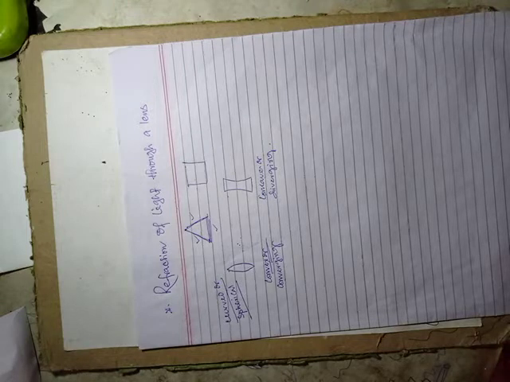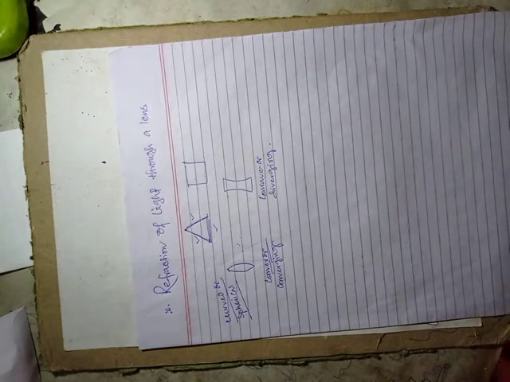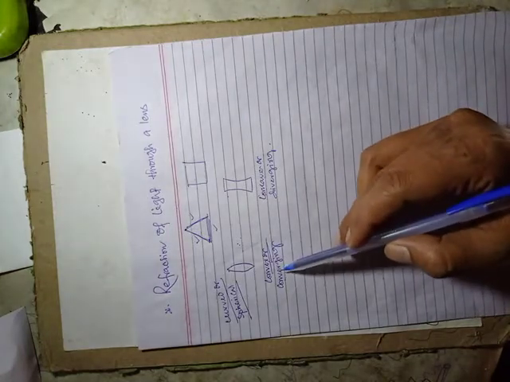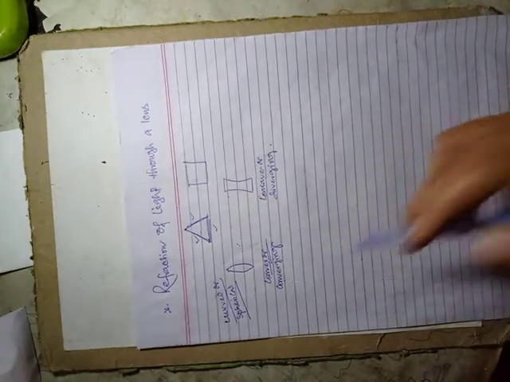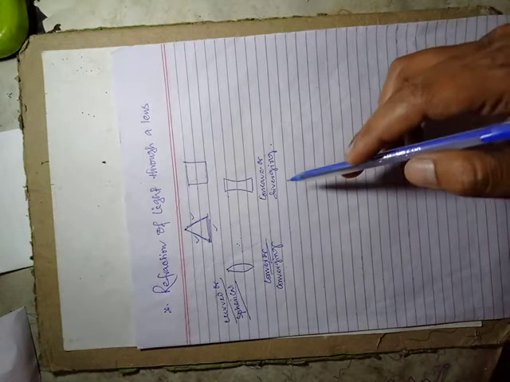Students, you learned about mirrors in the previous class. I explained about the mirror last year also. For a mirror it's just the opposite. Convex mirror is diverging and concave mirror is converging.